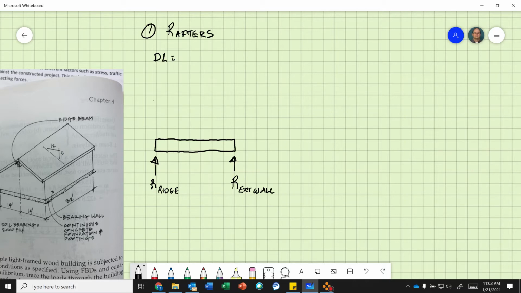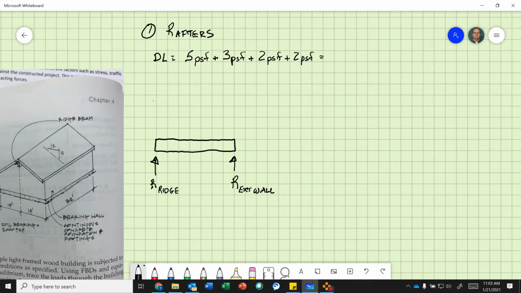So our dead load equals 5 PSF plus 3 PSF plus 2 PSF, and that's pounds per square foot, plus 2 PSF.